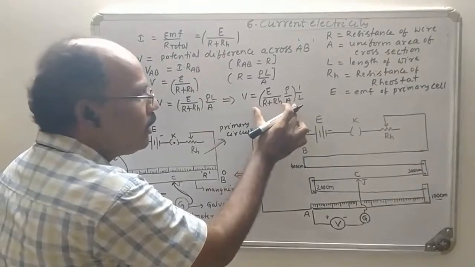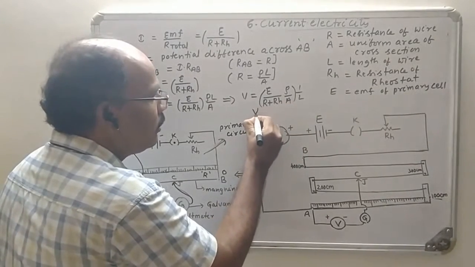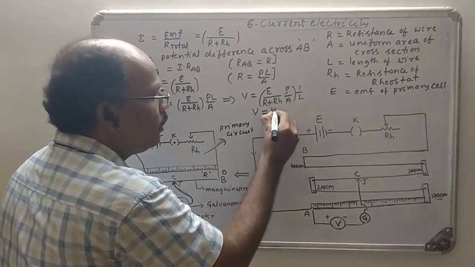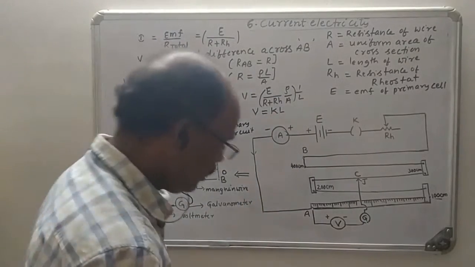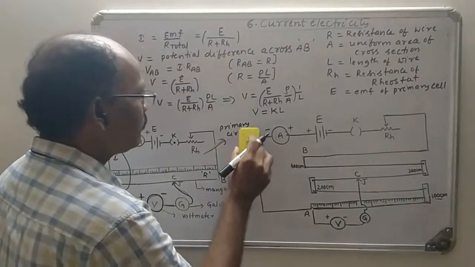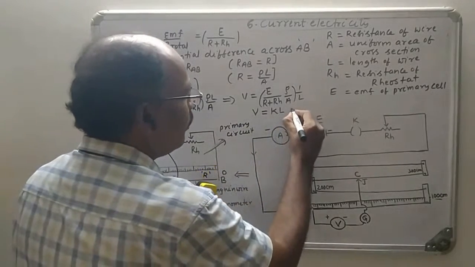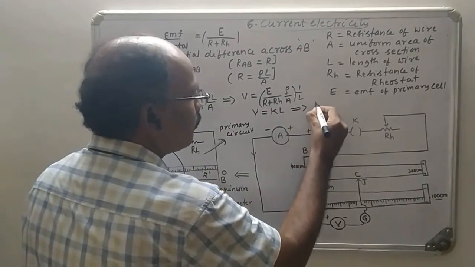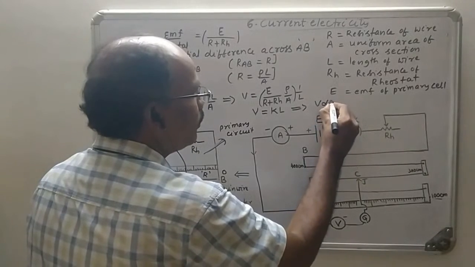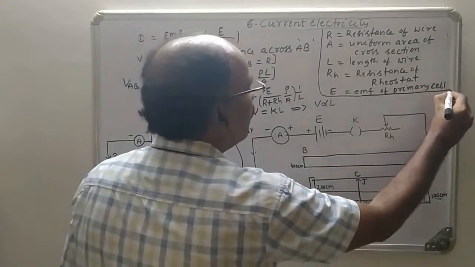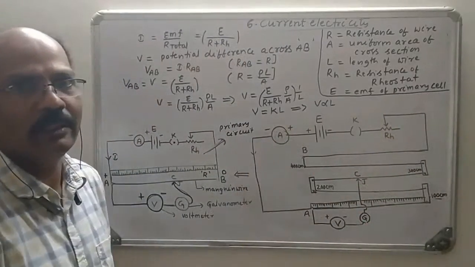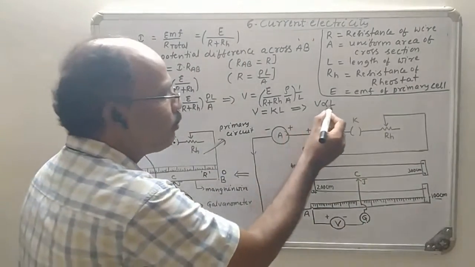So this is always constant, and we can write V is equal to a constant K into L. This implies V is proportional to L, where K is constant.